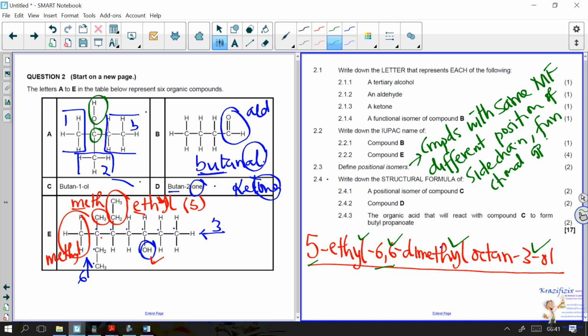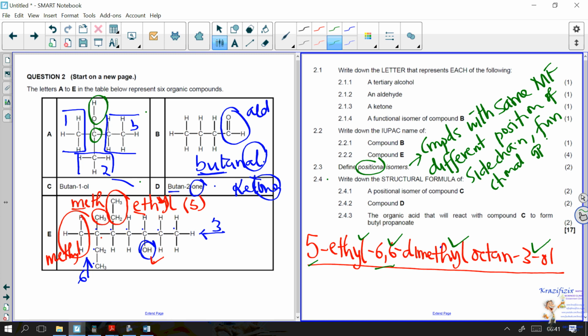So compounds with the same molecular formula, that's 1 mark, but different positions, because we're talking about positional, of the side chain, the substituents, functional groups. When we say substituents, we mean things like your halogens. So side chain, substituents, functional group on a parent chain.